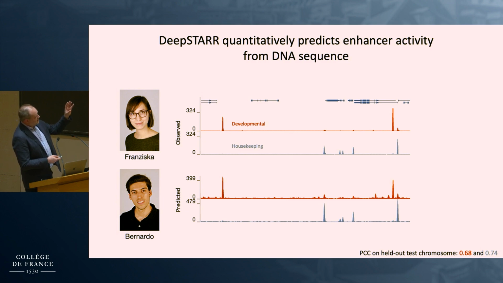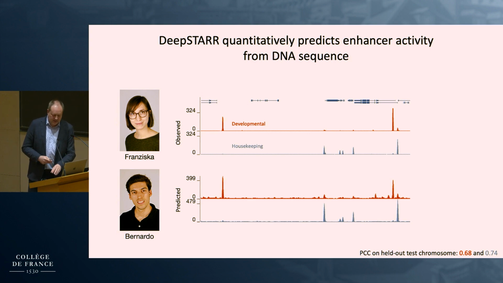Here you see a short region of the genome from a part that we do not use for training, the so-called leave-one-out or left-out test part of the data set. You can see how the experimentally observed enhancer activities are extremely well recapitulated by the computational predictions for both the developmental and the housekeeping programs.